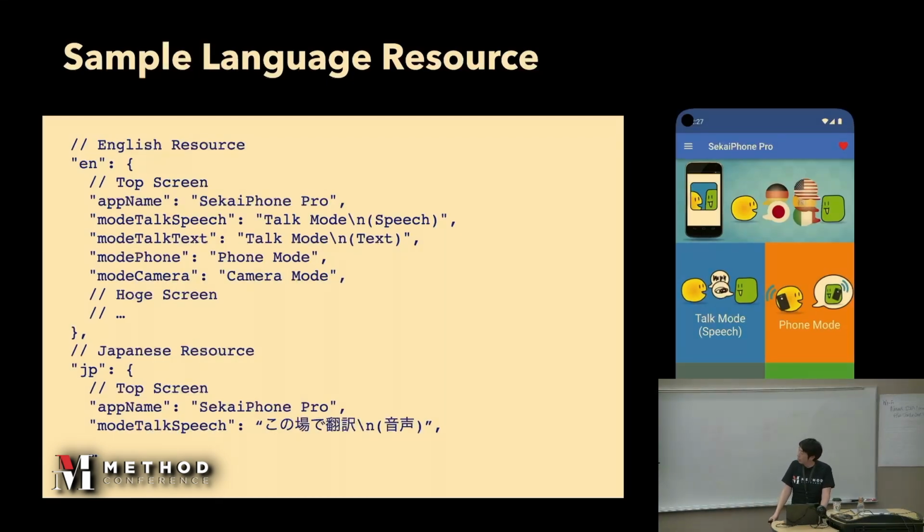Okay, here is an example. At first, we have to prepare the original language resource like this. For example, the English language resource is like this: app name, mode, talk, speech and so on. It's a key value type.